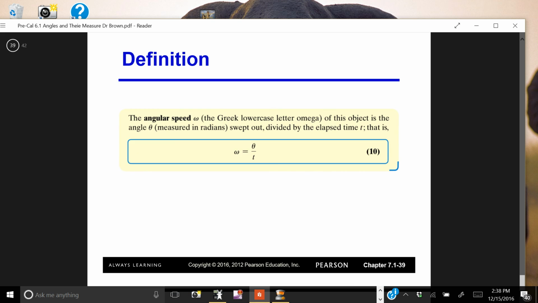We now define what we call the angular speed, which is equal to the angle that the object travels through divided by the time, and this is called omega.